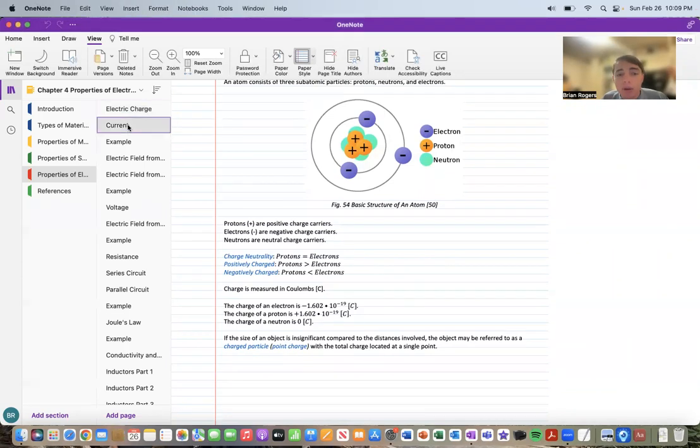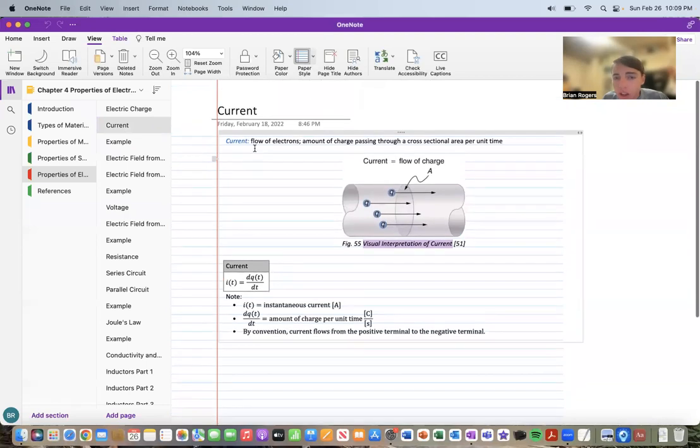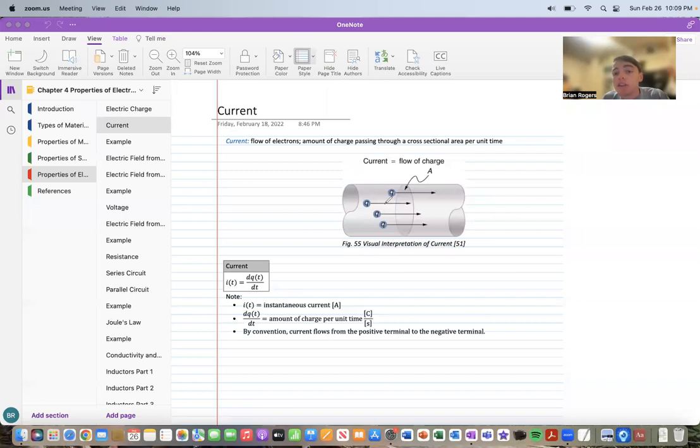So now we're going to talk about current. Current is the flow of electrons. It's the amount of charge that passes through a cross-sectional area per unit time. Here we see that there are 4 charges passing through this cross-sectional area.